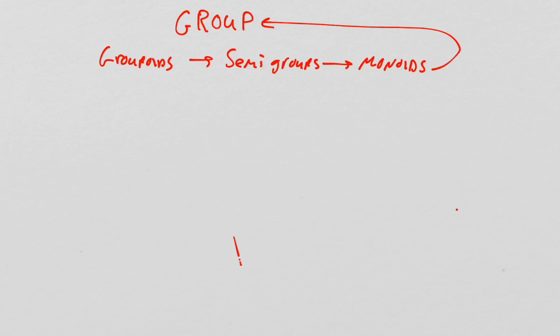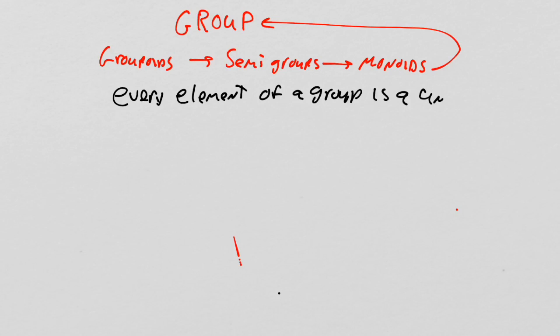So how do you get from a monoid to a group? What is this path? And that path is pretty simple. Every element of a group is a unit, right? So we have our group, which is the set. We have our operation, which we almost always call multiplication. Well, I shouldn't say that. When it's abelian, when it's commutative, we call it addition, right?